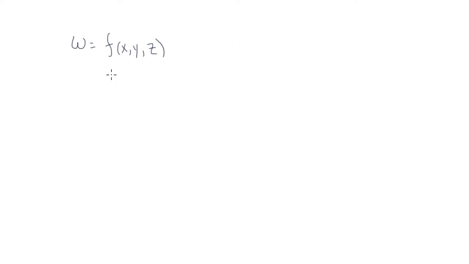And so it's going to be impossible to visualize in our mind the fourth dimension of the scalar that we're plotting, given our x, y, z points in the domain of our function.